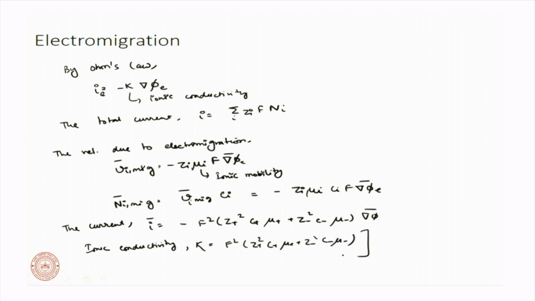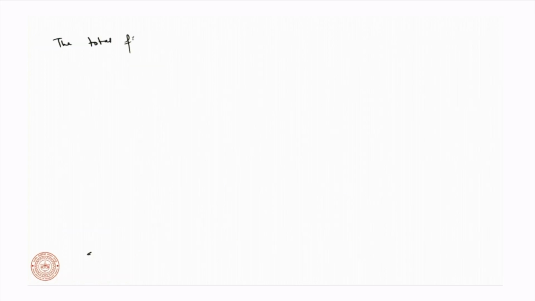Okay, this is your ionic conductivity through the species. So, if you bring everything together, the total flux Ni total is equal to Ni due to diffusion plus Ni due to convection plus Ni due to electromigration.